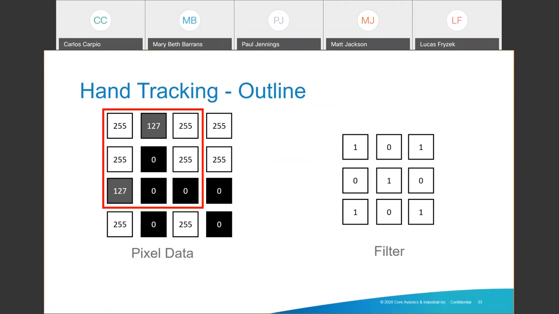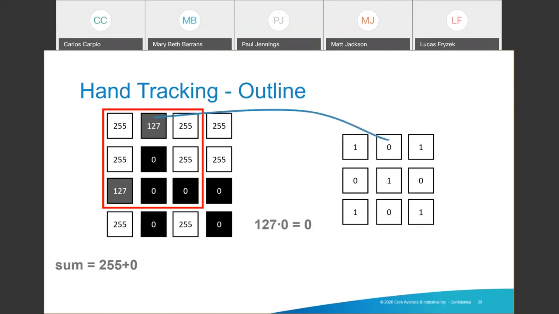We have our pixel data, and since we have a 3 by 3 filter, we're going to apply it against a 3 by 3 pixel area. And the result it gives us will represent the pixel at the top left of this area. What a convolution is going to do is, piecewise, multiply the pixel value by the filter value and add it to a running sum. So we'll take the 255 at the top left, multiply it by the 1 in the top left of the filter and get the value 255, and then add that to our running sum.